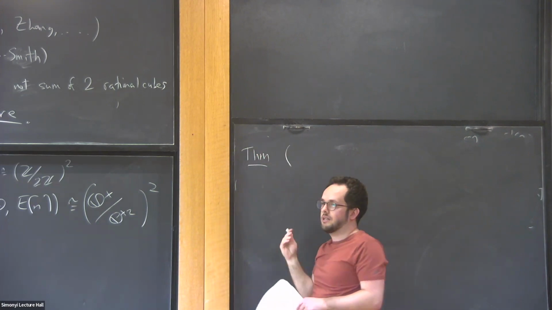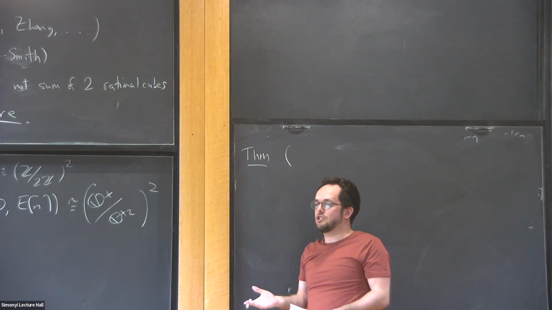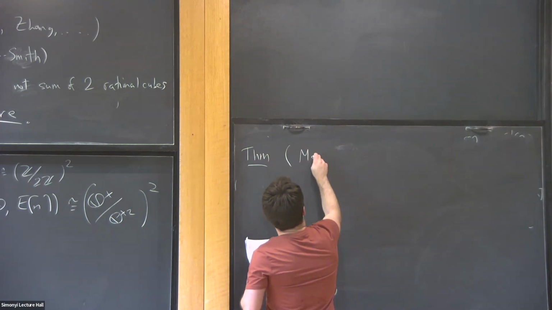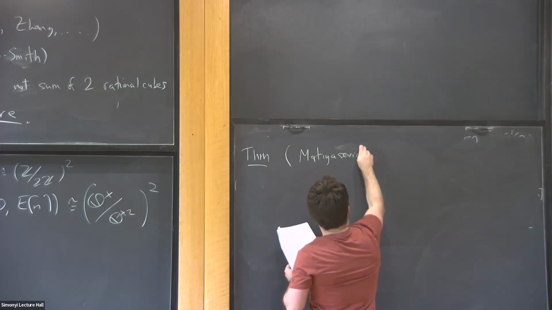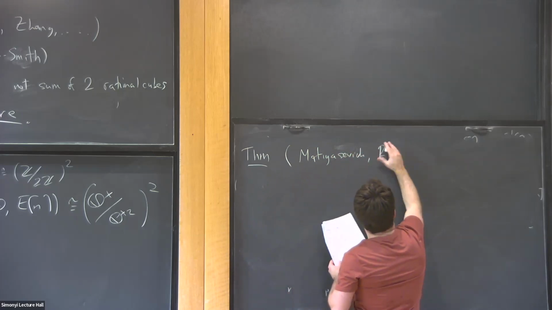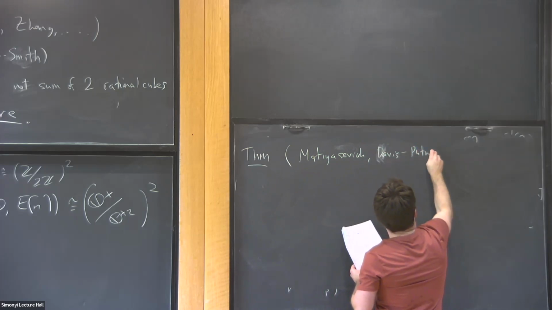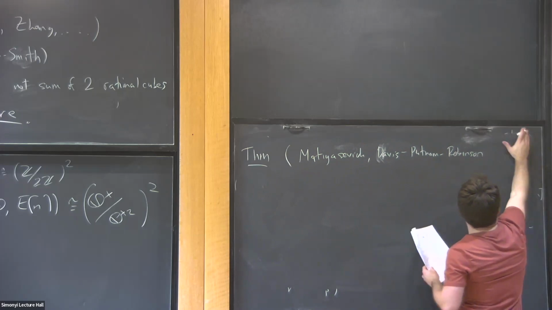Is there an algorithm that, given a polynomial, tells you whether there are solutions in the integers to that polynomial set equal to 0? And it was proven in the 70s by Matiyasevich, building off of work of Davis, Putnam, Robinson, that the answer to that very general question is no.